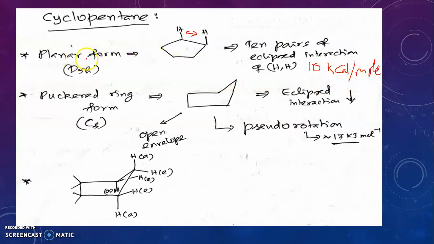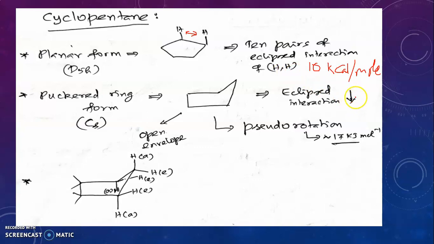But when cyclopentane takes the non-planar puckered ring form, where 4 carbon atoms are in one plane and 1 carbon atom is not in the plane, it may be above the plane or below the plane. Because of this, the eclipsed interaction between hydrogens decreases.